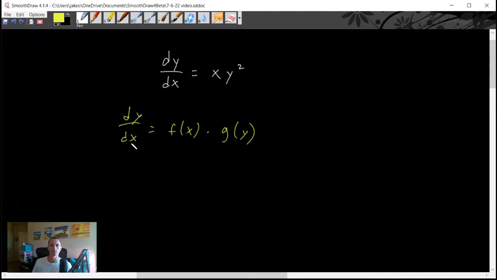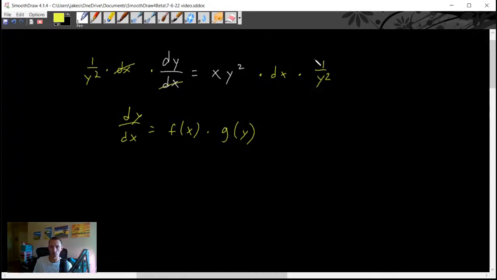Okay, so since it's already in the right form, what we can do is start separating out our variables, which means we're going to move all of our x terms over to the right, all of our y terms over to the left. So basically we would multiply both sides by dx, and then we would multiply both sides by 1 over y squared, because that's going to cancel the dx's on the left.